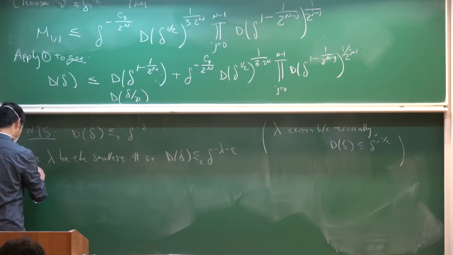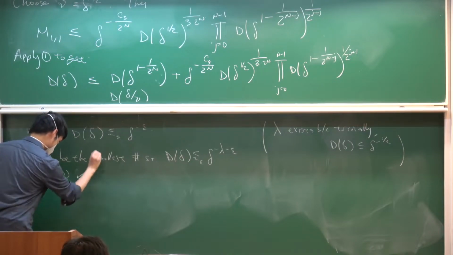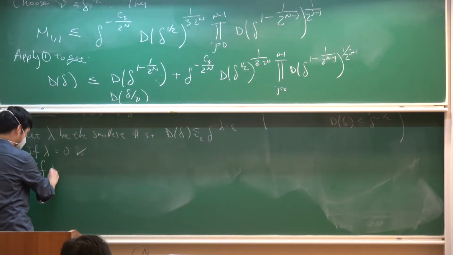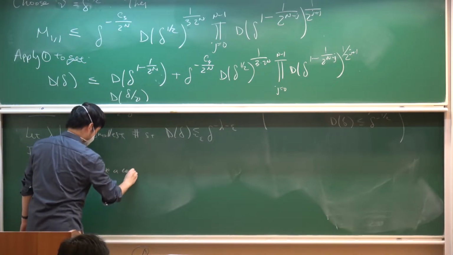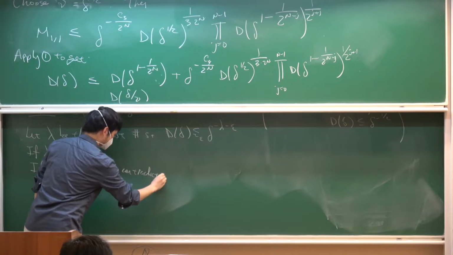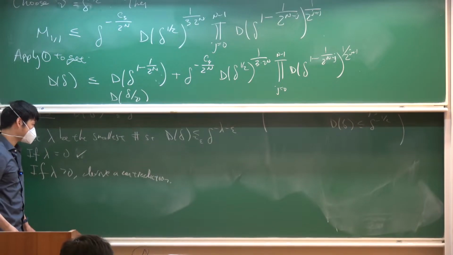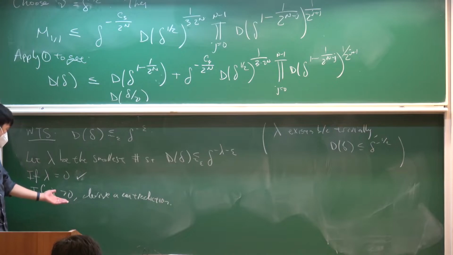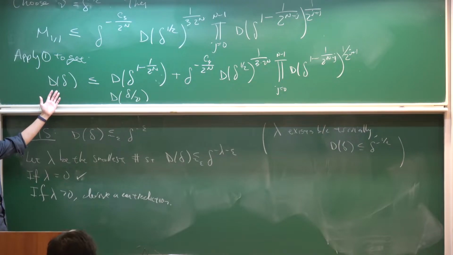If lambda equals 0, great. If lambda is positive, we're going to derive a contradiction. We're going to use this iteration to show that we get a better estimate for d of delta.